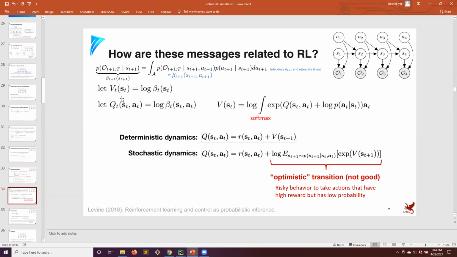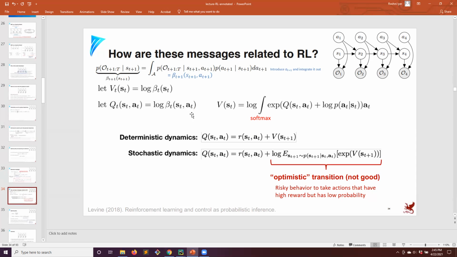Let the value function of the state be the log of beta_t of s_t, and the Q function of the state and action be the log of beta_t of the state and the action. Then by using these three equations, we can easily get this form here. And this is actually applying a softmax.